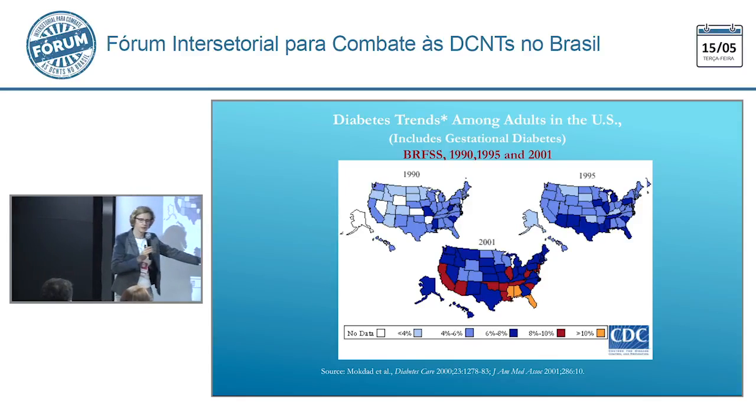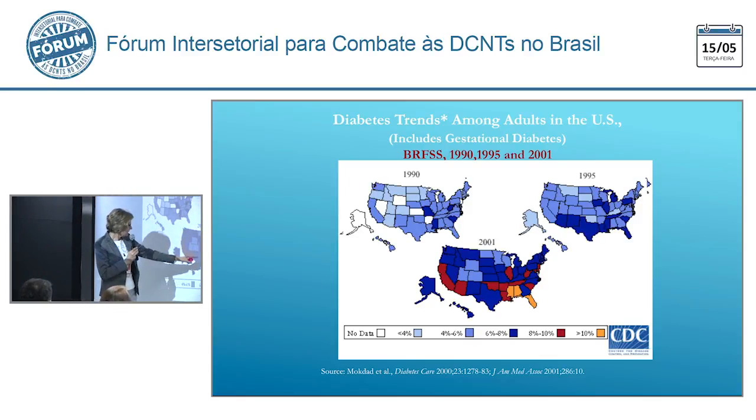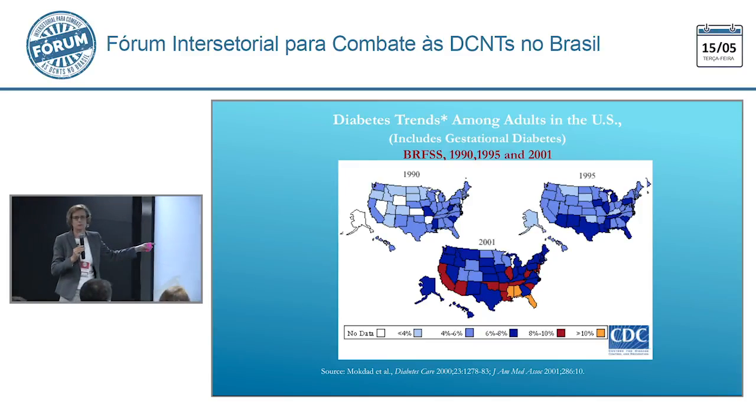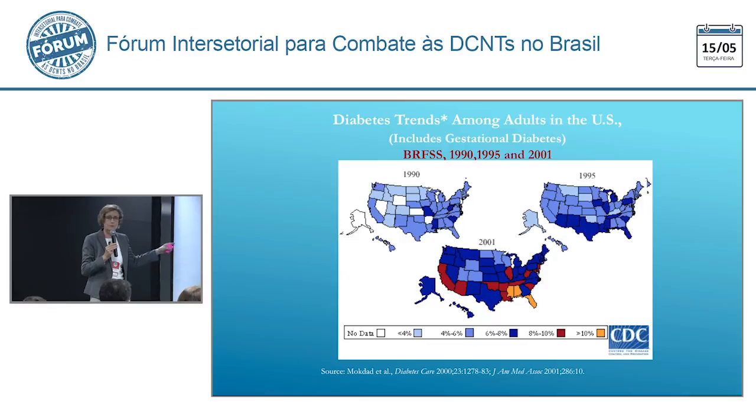So we have the gold at greater than 10%, and the red at 8 to 10%, and the rest. I wish I had one for 2018, and I don't. But what I can tell you right now is that in California, 55% of adults have either prediabetes or diabetes.